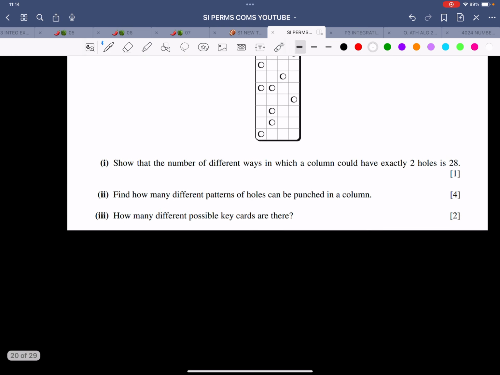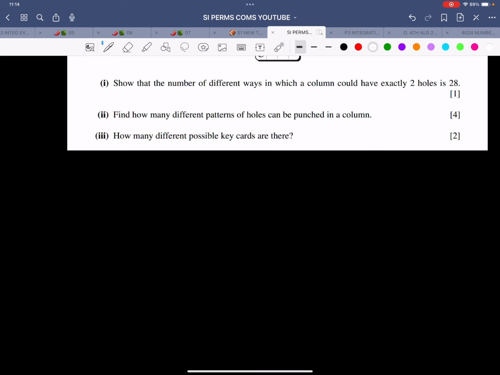Now the third part says this: how many possible key cards are there? Now in one column there are 162 possibilities. This is column 1.